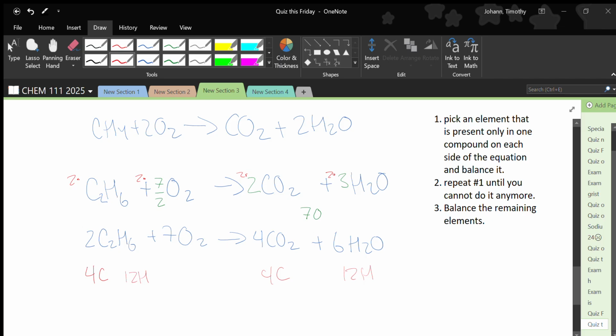Oxygen is probably going to be the most complicated here, right? So if I really wanted to make sure I was short on time, I might just check my oxygens, because that's going to be the one most likely to be wrong. So if I have 6 times 1, that's 6 oxygens, right?